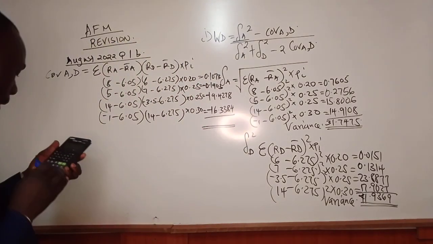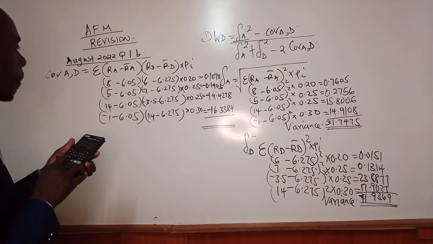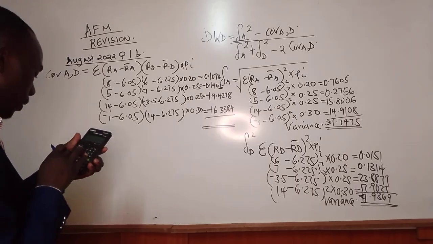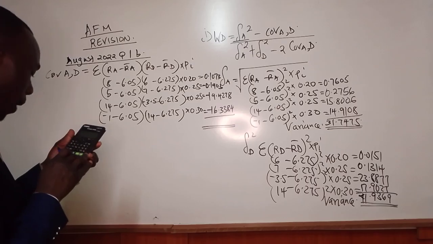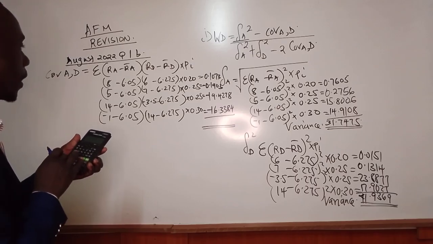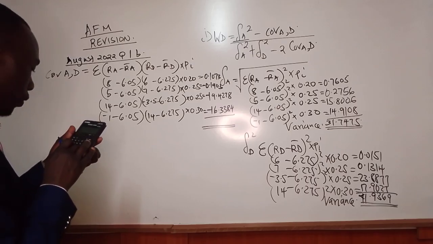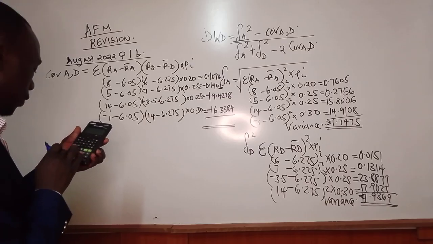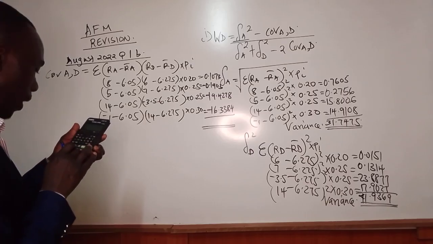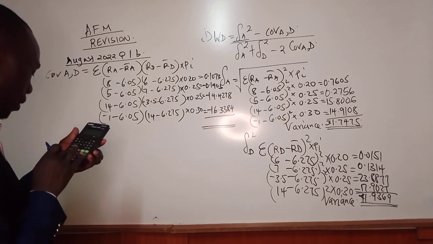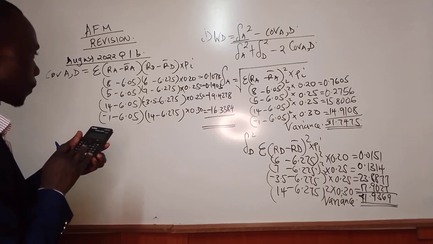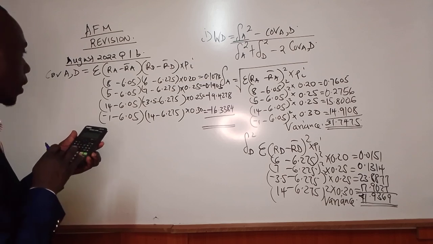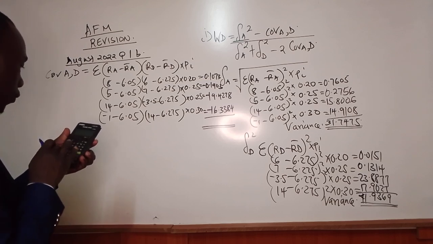So when we sum them up, we have minus 0.1073, minus 0.1903, minus 19.4278, and also minus 16.3384.